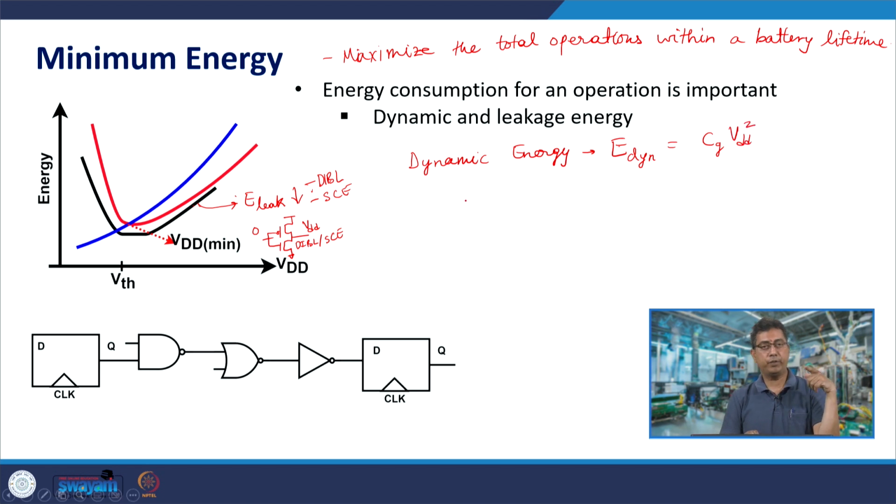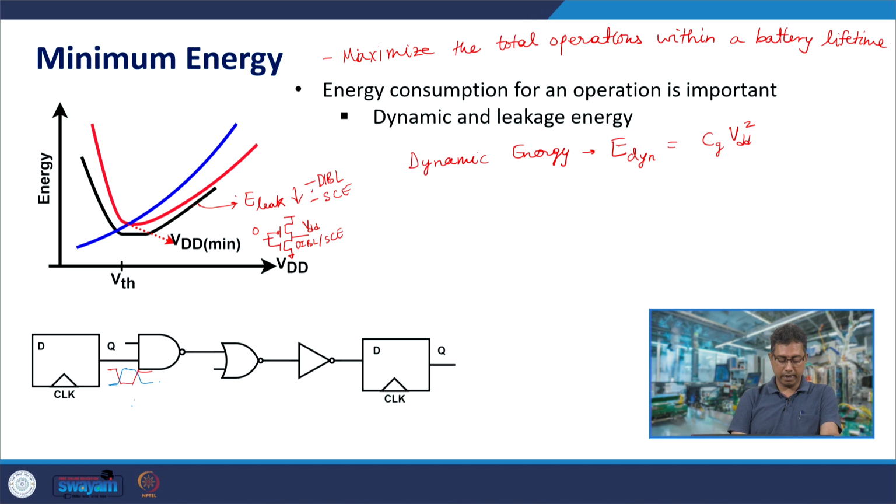Now, if you multiply it with frequency, it becomes dynamic power. So, why gate input capacitance? Suppose you have a data path like this. The input capacitance of this is the load capacitance of this, and in a cycle, suppose this input falls and then again rises, then the output would initially rise and then fall.